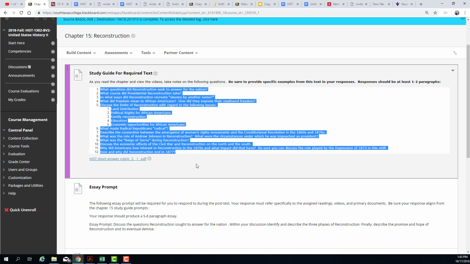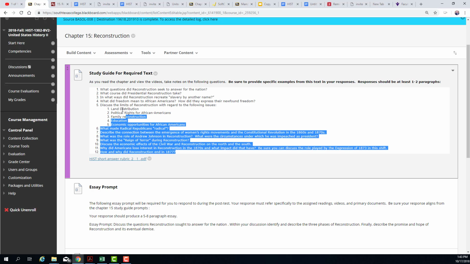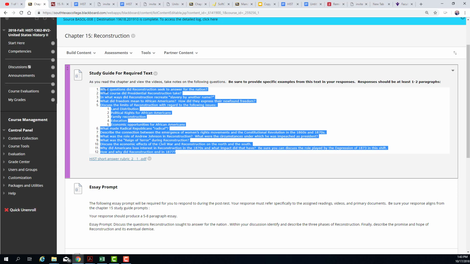Now, why should you pay attention to these questions? For the post test, some of these questions will be randomly selected. Roughly 3 to 5 of these questions per chapter during the post test will be randomly selected for you to respond to. They're all in the test bank, so you don't know which ones will be randomly selected.